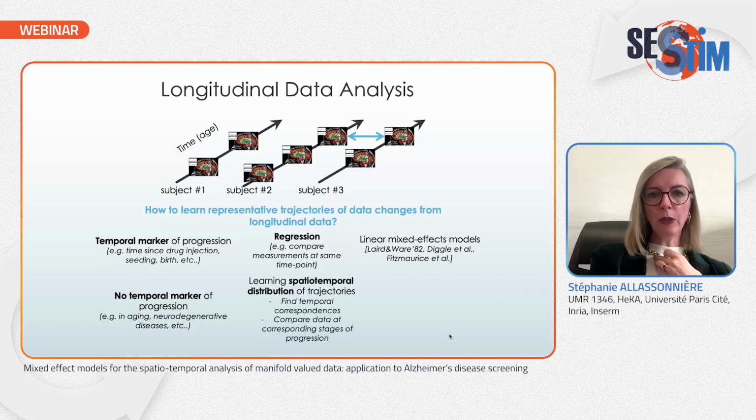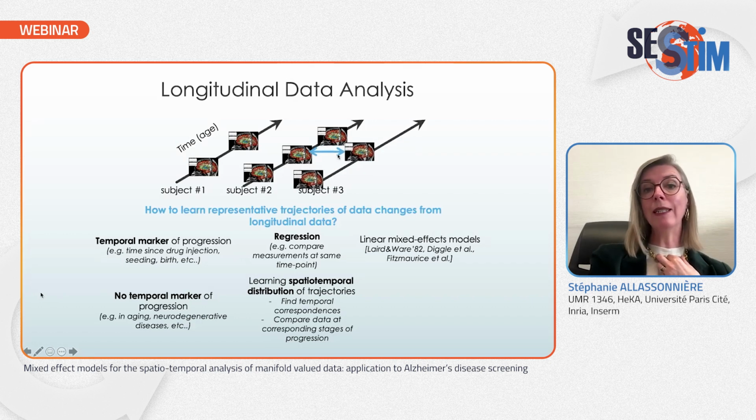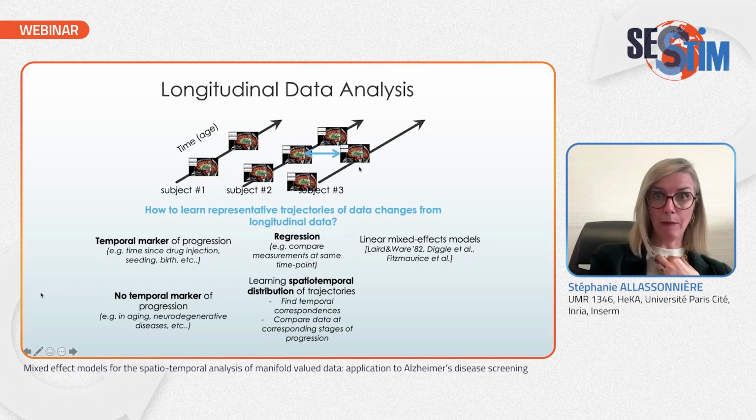Then you have to work with something a little bit trickier, because the spatio-temporal distribution has to tell whether you are comparing two persons that are similar in time but different in shape, or similar in shape but different in time. So you have to be careful to have a model that will make the difference between those two scenarios.